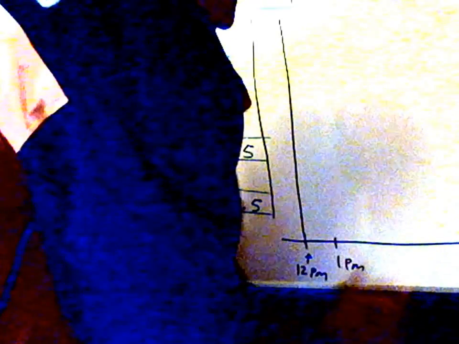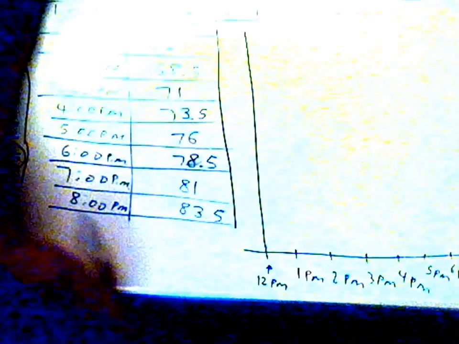And so this is 1 p.m., 2 p.m., 3 p.m., 4 p.m., 5 p.m., 6 p.m., 7 p.m., over here. Oh, I need to do a better scale. I'm not going to have enough space. So let me make my spaces a little more close.